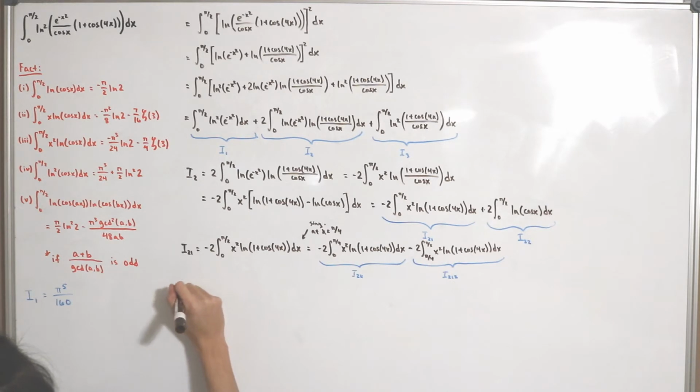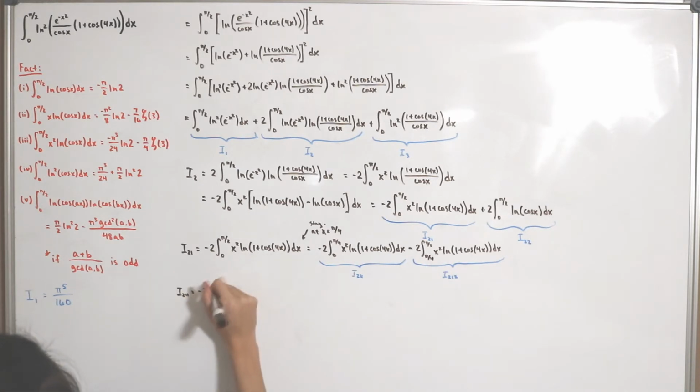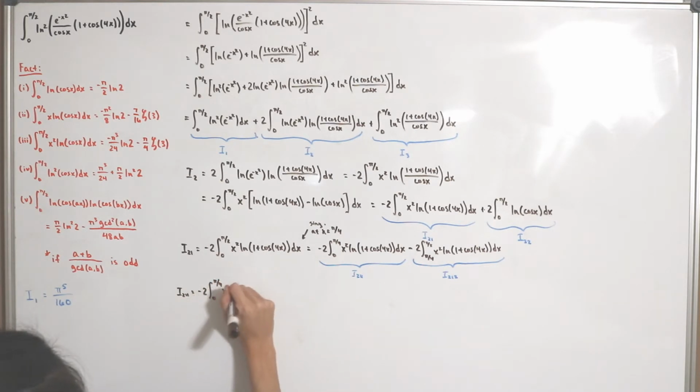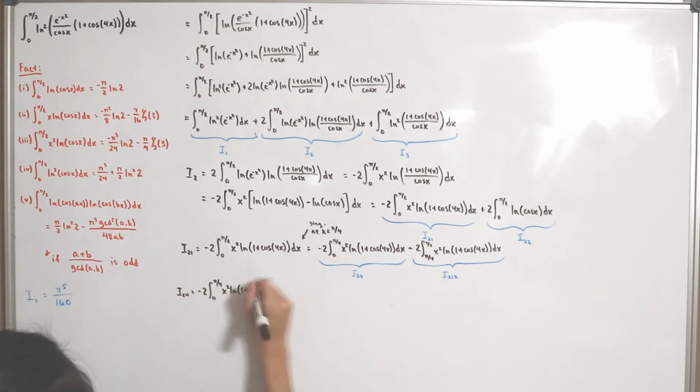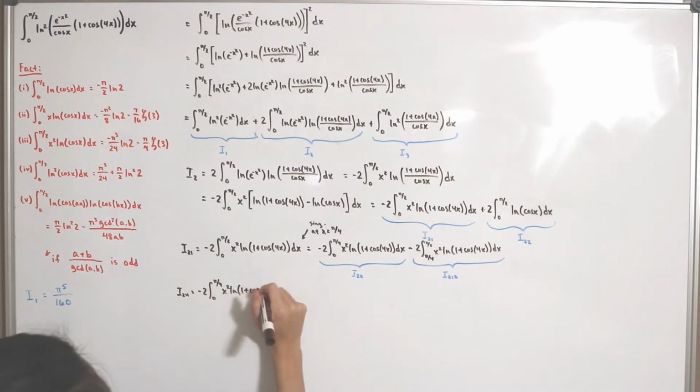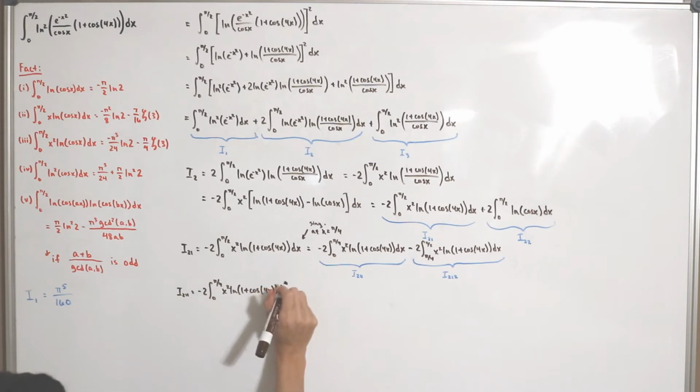So I sub 2, 1, 1 equals negative 2 times the integral from 0 to pi over 4 of x squared ln of 1 plus cosine of 4x dx. Now to do this, we're going to have to do a u-substitution.